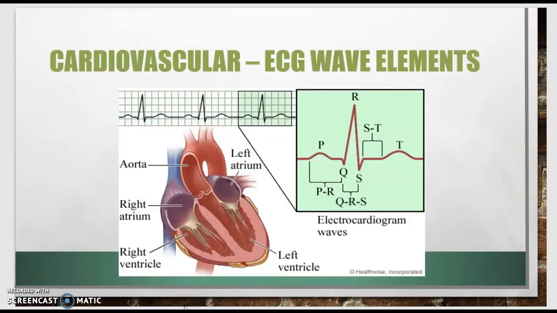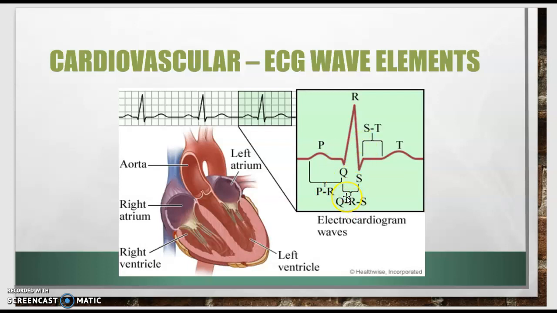Okay, so first I think it's really important for you to understand what we are looking at in terms of your P wave, your QRS, and your T wave. And then also we're going to be looking at the PR interval, which starts at the beginning of the P wave, so when the P wave starts to leave the baseline, and it ends here when it starts at the QRS.